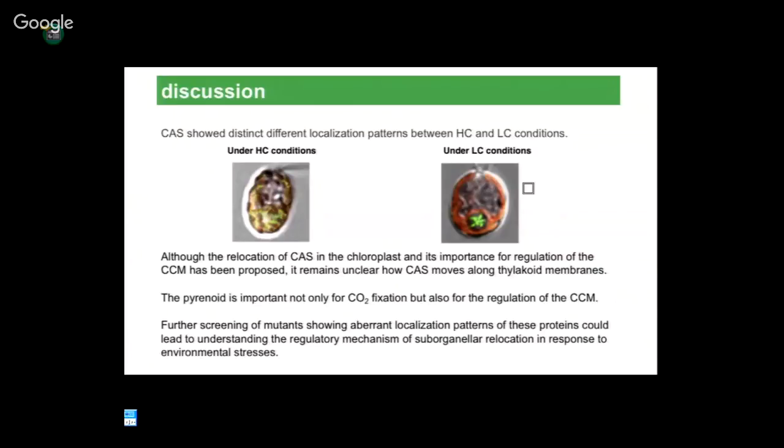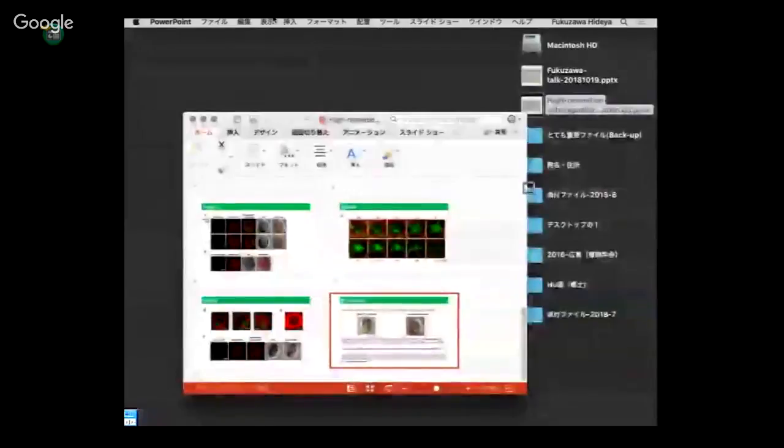Because Rubisco itself consumes CO2 inside the pyrenoid, we can assume the CO2 level is very, very low inside the pyrenoid. Such a sensing mechanism could be related to calcium also. So this protein is very, very important also in higher plants.